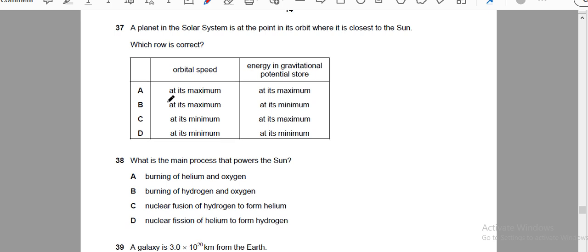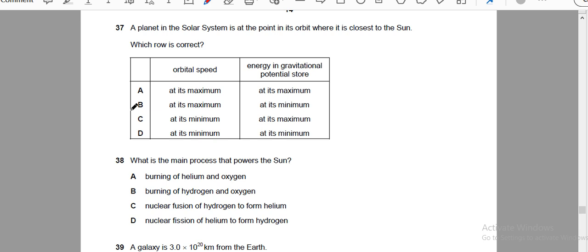Planet in solar system at point in its orbit where it is closest to sun. As it is closest to sun, we should have the speed at maximum and gravitational potential energy at a minimum.